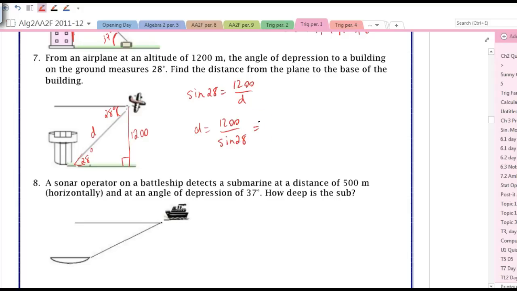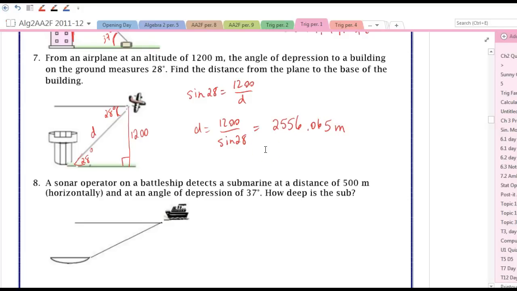So that gives us 2,556.065, whatever unit they're using, meters, miles, maybe. I guess it could be miles.